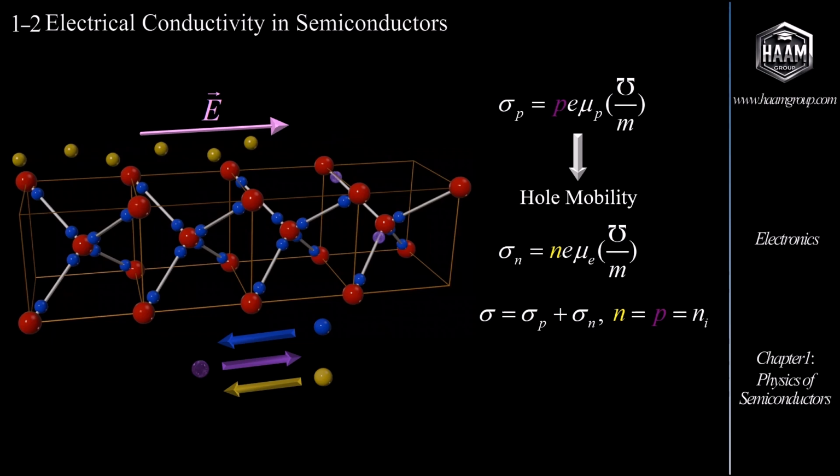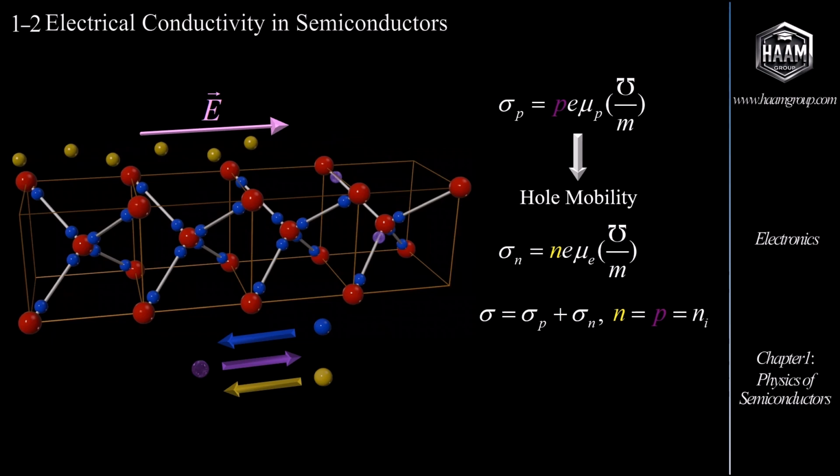So in semiconductors, two types of conductivity are defined, one arising from the motion of electrons and one arising from the motion of holes. The sum of these two conductivities constitutes the intrinsic conductivity of the semiconductor. In a pure semiconductor, n equals p equals n sub i, which is the intrinsic carrier density.